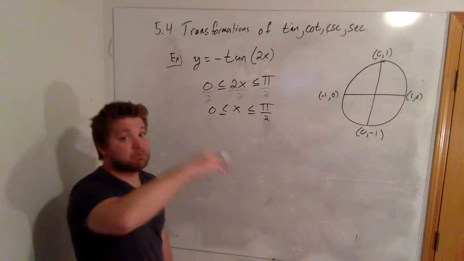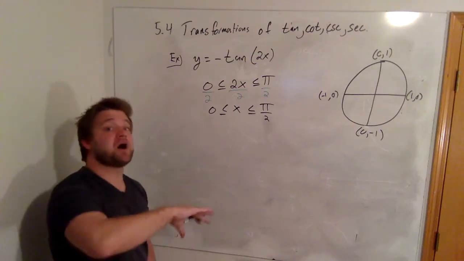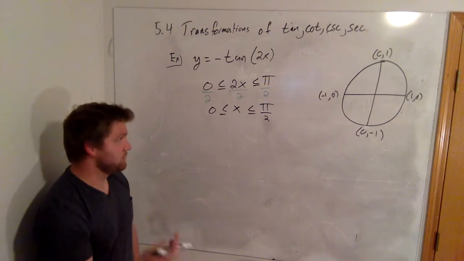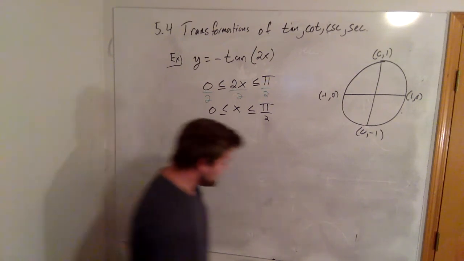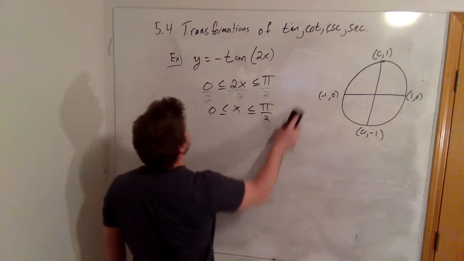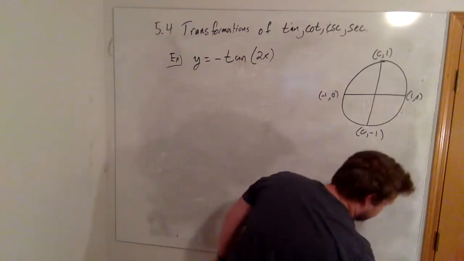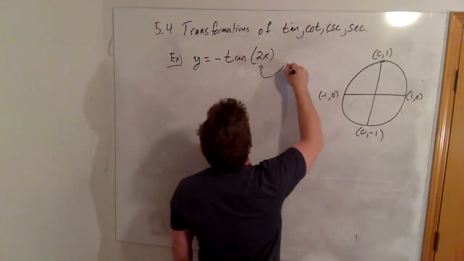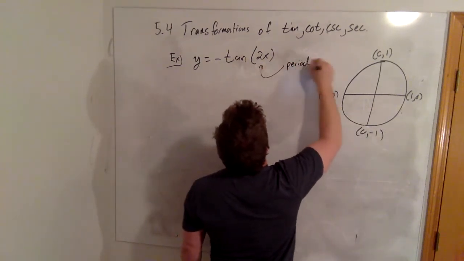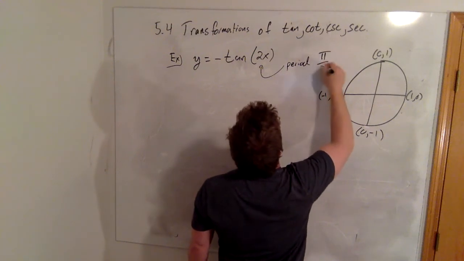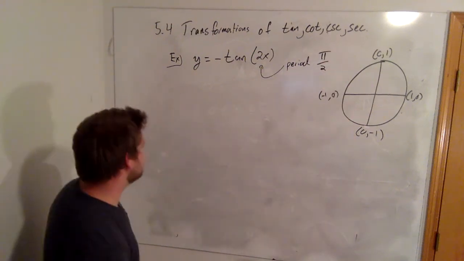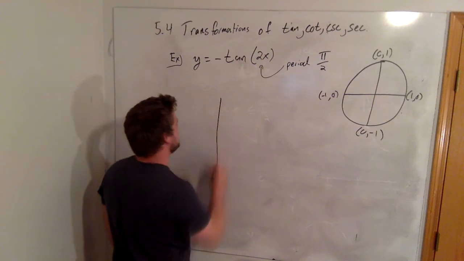For tangent, it's going to be pi over omega, or pi over that k value. So let's note that the period will be pi over 2. Okay, so pi over 2, so let's sketch that.